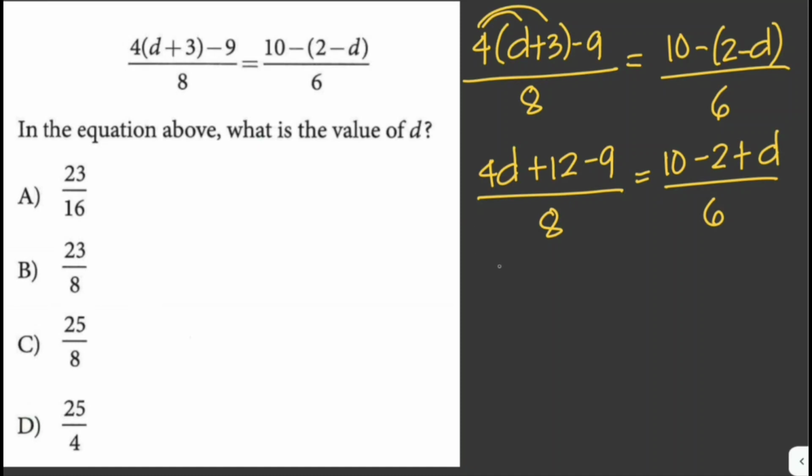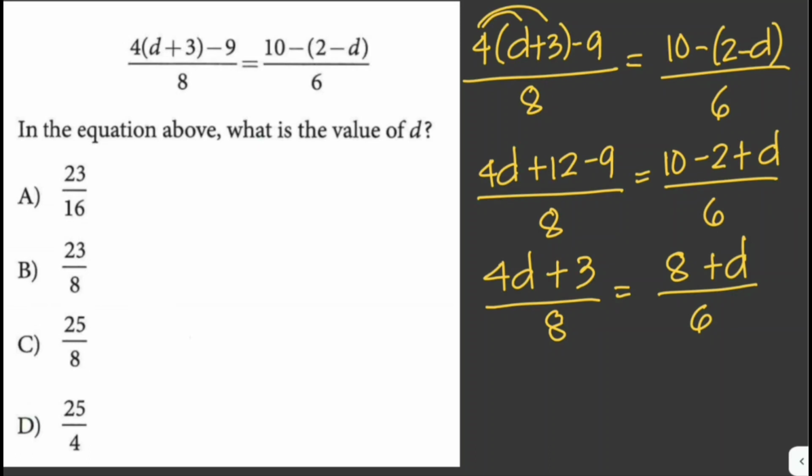And 12 minus 9 here is equal to 3. So this is just 4d plus 3 over 8 equals 10 minus 2 is 8 plus d over 6. Then we cross multiply.